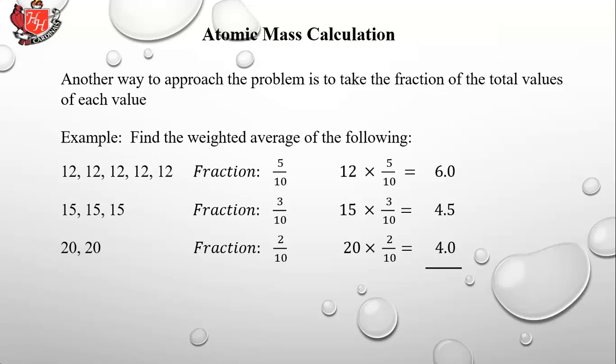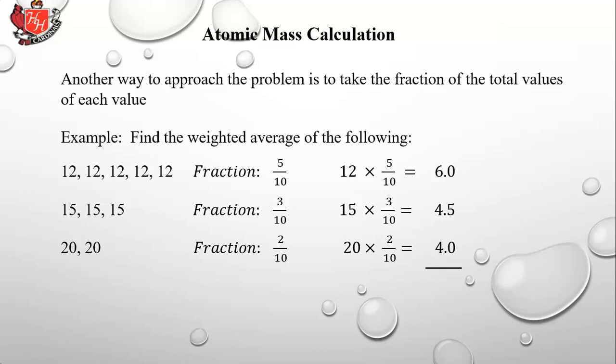So the fraction of the total number of values that are 12 is 5 out of 10. So if you take 12 and multiply it by 5/10, you get 6. Now 15, there's 3 15s, so 3 out of 10 of the values are 15, so that's 3/10. If you take 15 and multiply it by 3/10, you get 4.5. Do the same for 20.